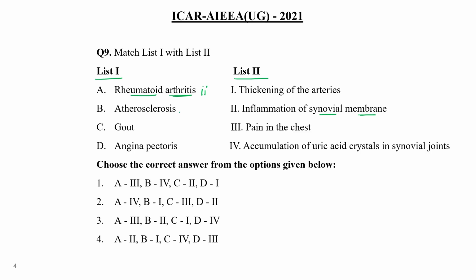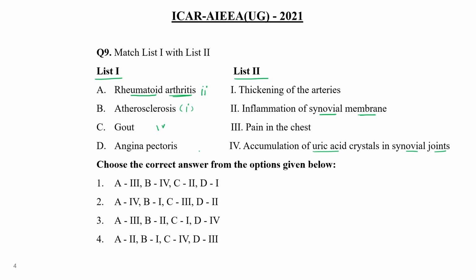Atherosclerosis is a type of problem which is related to the thickness of arteries. Okay, so this is related with the choice number 1. C, gout. Gout is a problem in which accumulation of uric acid occurs in the joints. So it is related with the accumulation of uric acid in the synovial joint. So C comes with the choice number 4.